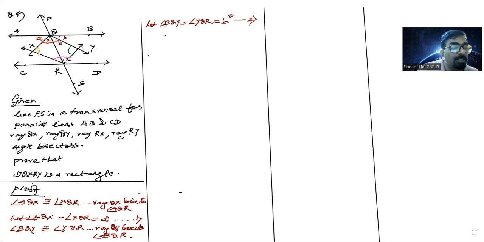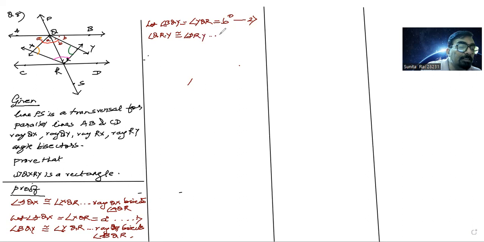Now similarly, dear, ray RY is a bisector of angle QRD. So angle QRY is congruent to angle DRY.